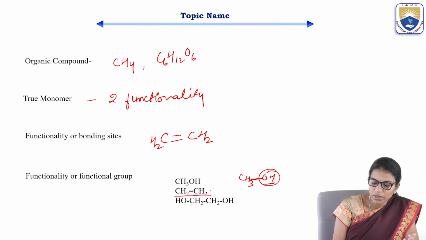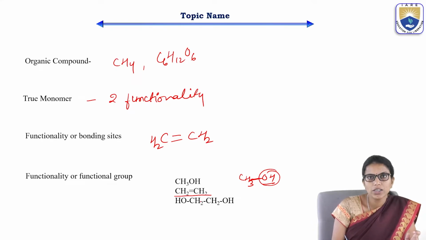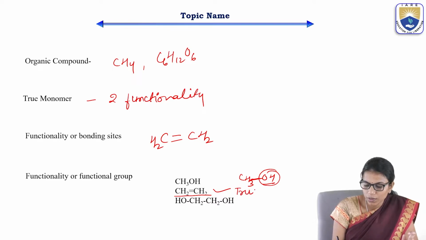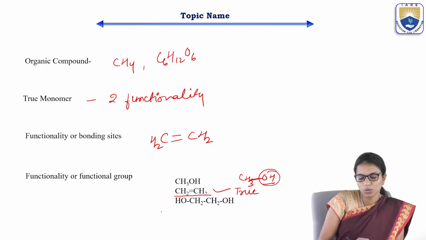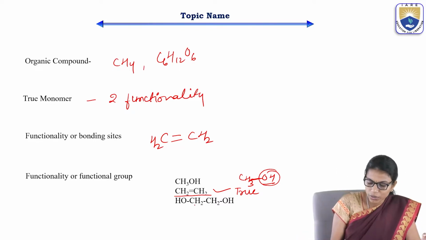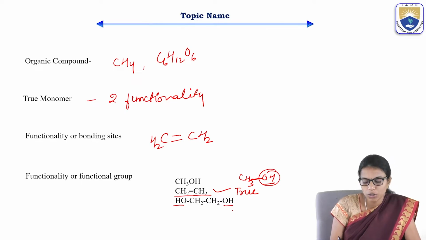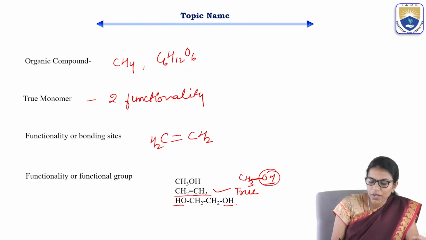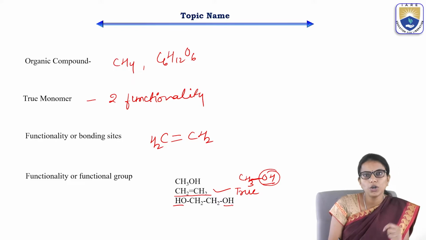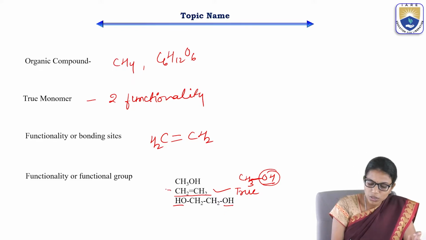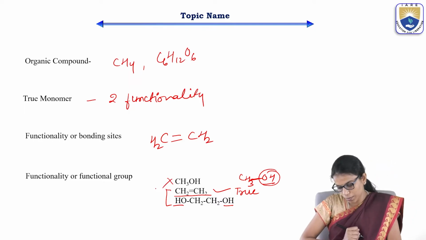That is why it comes under a true monomer, while CH3OH is not a true monomer. In the third example, the two OH groups are two functional groups, and when we attach any other group in place of OH, it shows two functionalities as well. So these two are true monomers, while this one is not.